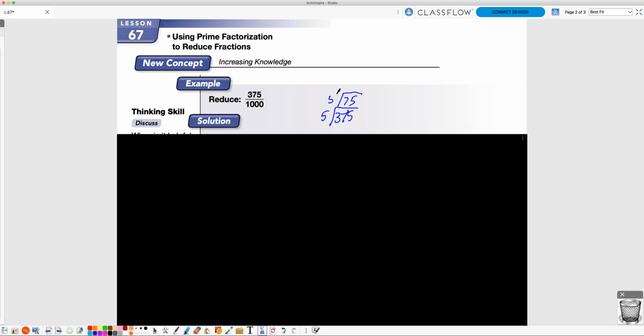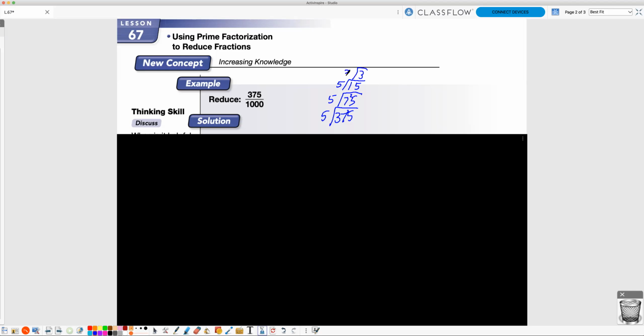Now I can see that 75 is divisible by 5 as well. 7 divided by 5 would be 1, and that would be 2 left over because 5 is taken away from 7. Now I have 25 divided by 5 equaling 5. So the answer to 75 divided by 5 is 15. 15 is also divisible by 5, and it results in 3.